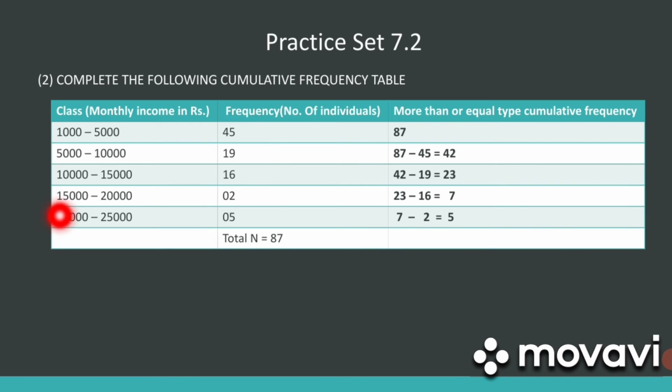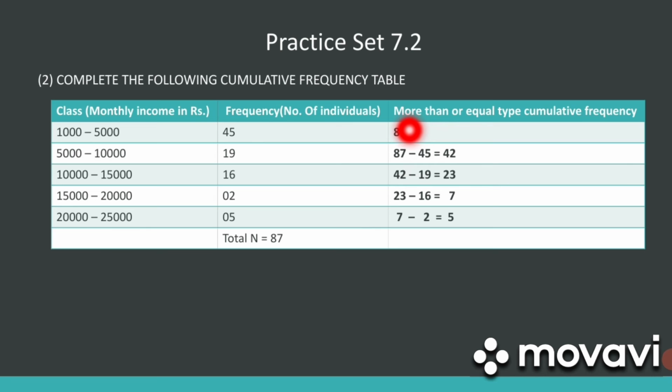For class 15,000 to 20,000, the cumulative frequency will be 23 minus 16, and that is equal to 7. And for class 20,000 to 25,000, the cumulative frequency will be 7 minus 2, and that is equal to 5.